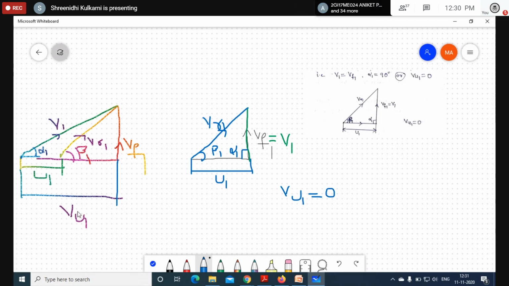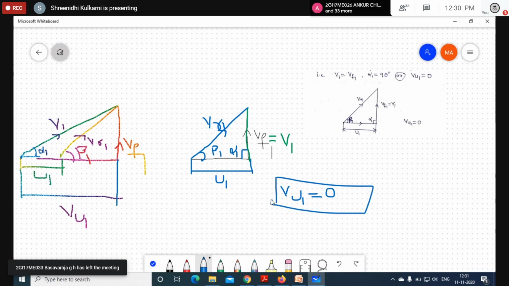Why is there no whirl? Because the flow is either axial or radial. So that's why the whirl velocity at inlet is 0. I hope you understood this condition.